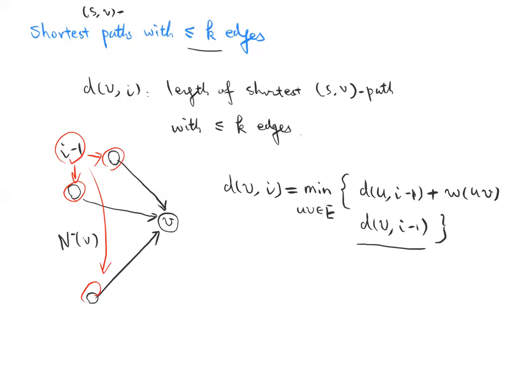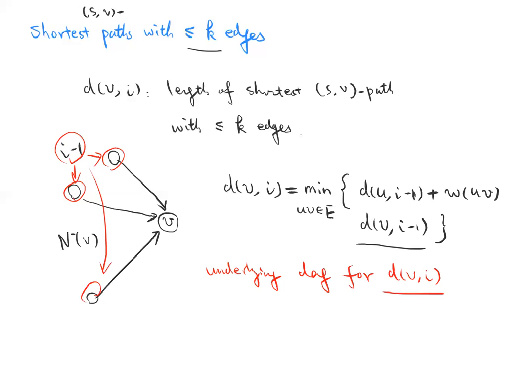All right. So once we get this recurrence relation, then it's possible to use dynamic programming if we have an underlying DAG. Does this one have an underlying DAG? The underlying DAG for d(v, i).